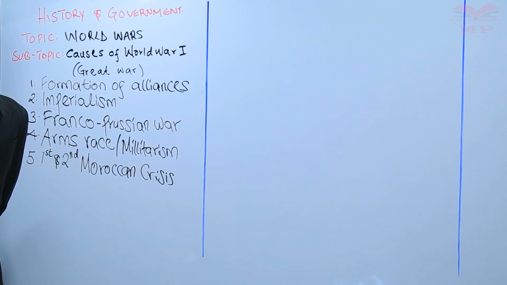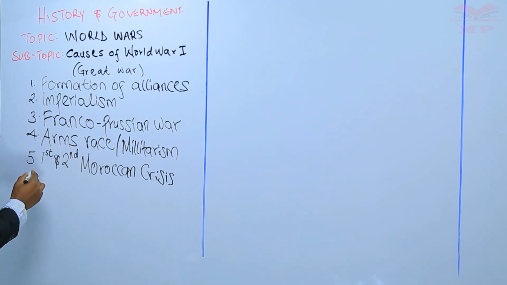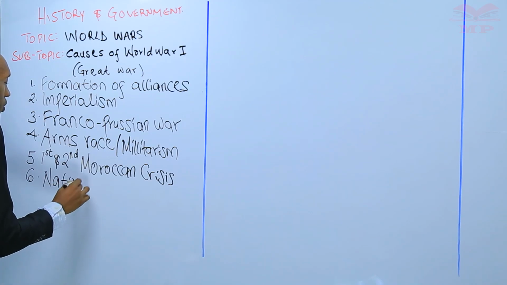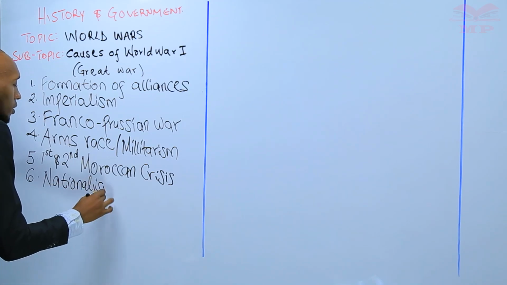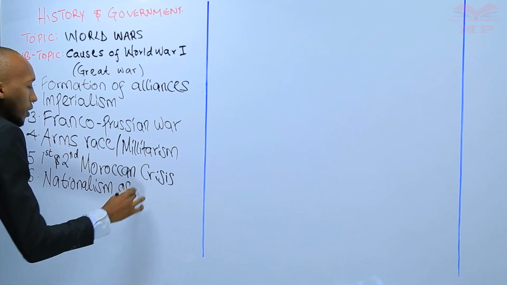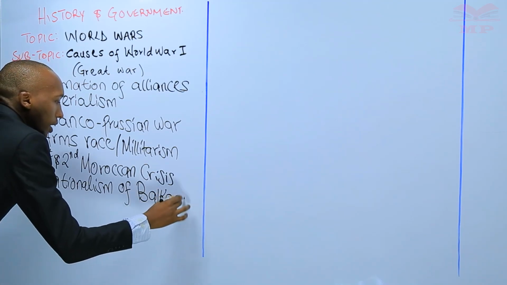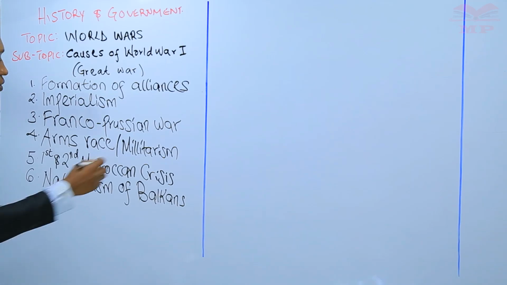And then number 6, we are going to look at the nationalism of the Balkans. These are people in Europe. We are going to discuss them.